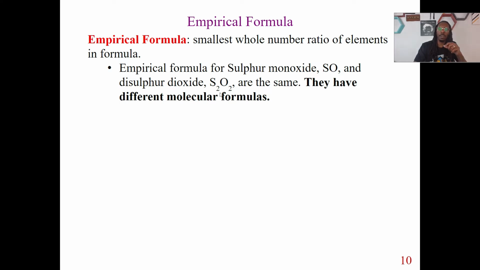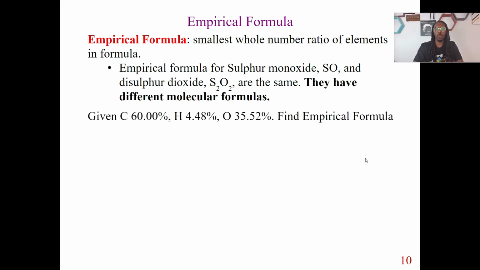If you make disulfur dioxide simple, to where it's just telling me what it has, that's going to be SO. That's the reason why they can have the same empirical formula. Now, we need to realize that they will have different molecular formulas, because they're different compounds. So for disulfur dioxide and sulfur monoxide, we need to just remember that.